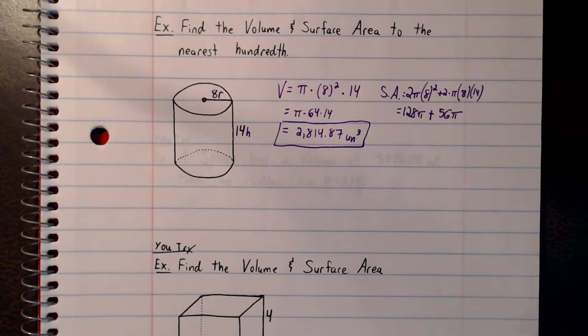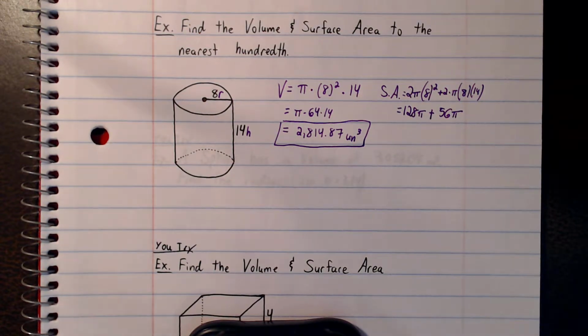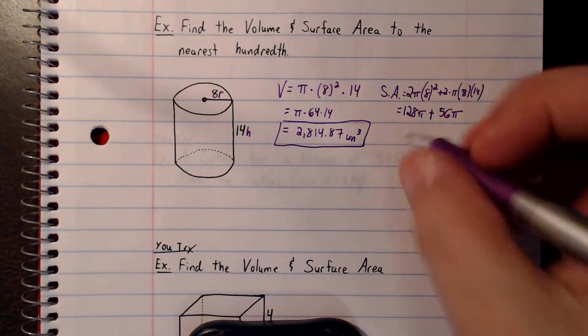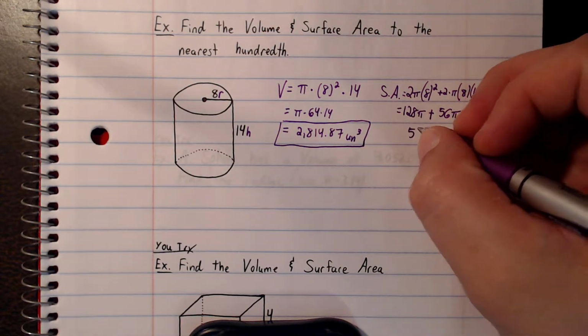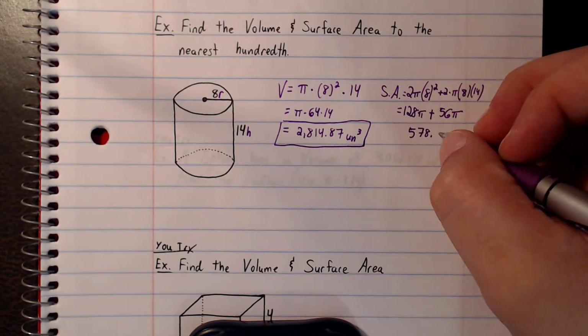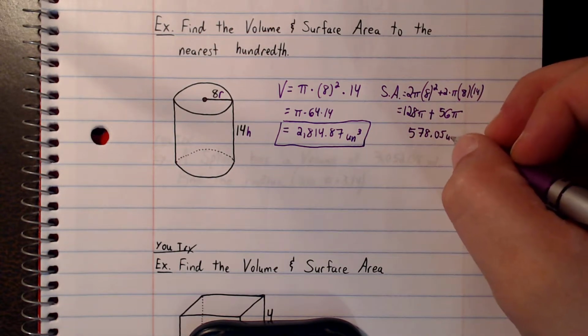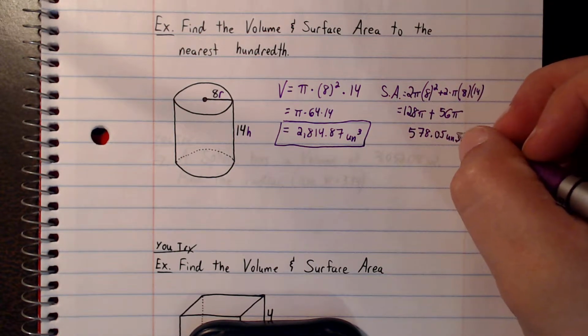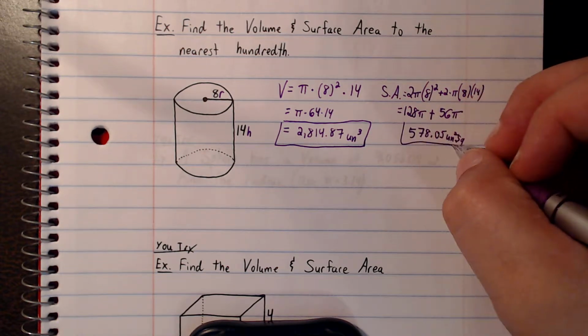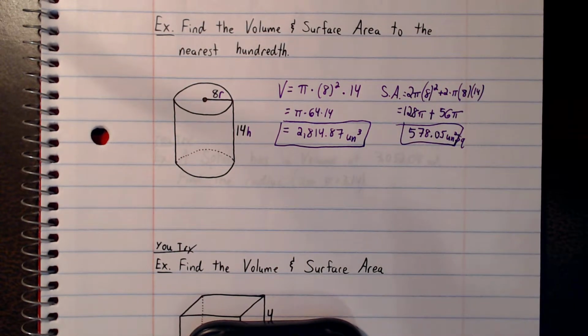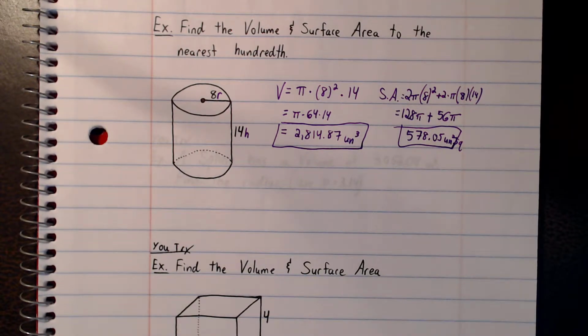So 128 pi plus 56 pi is 578.05 units squared, or you could put the square instead. Sorry about the little pause in there. Again, I had a little bit of a brain stoppage for a second.